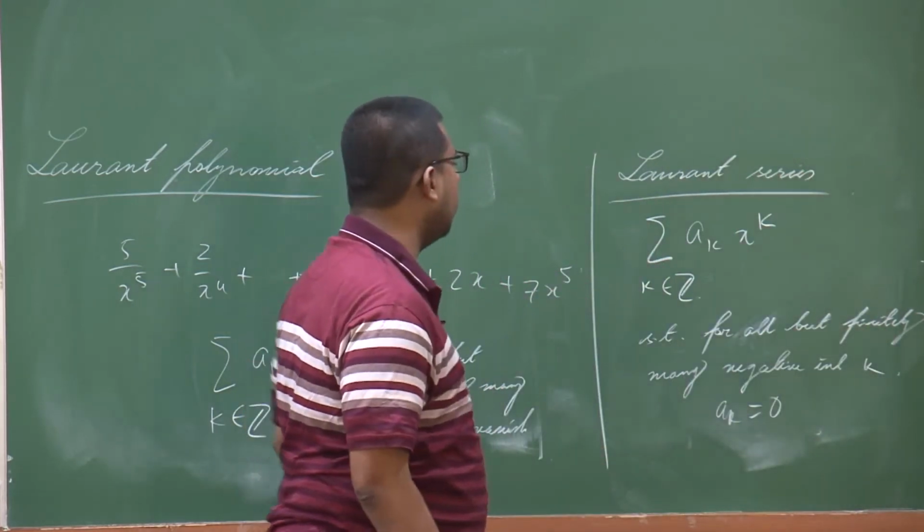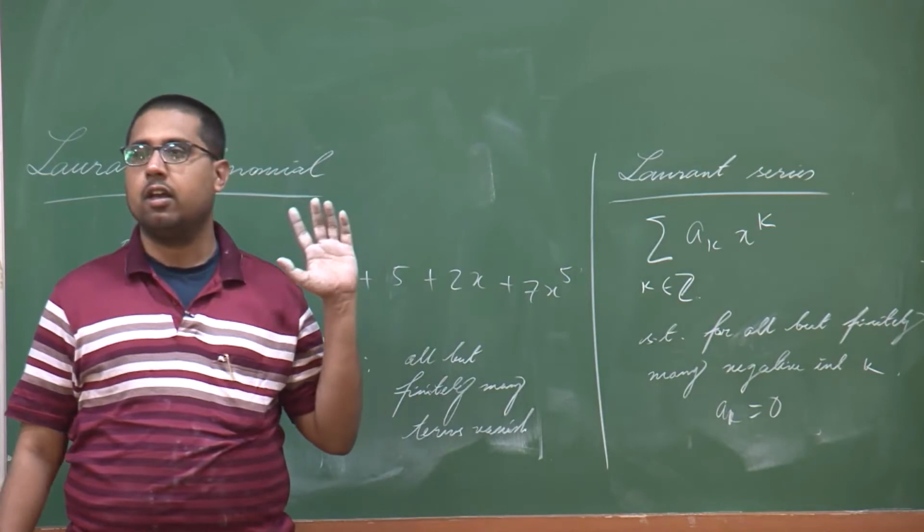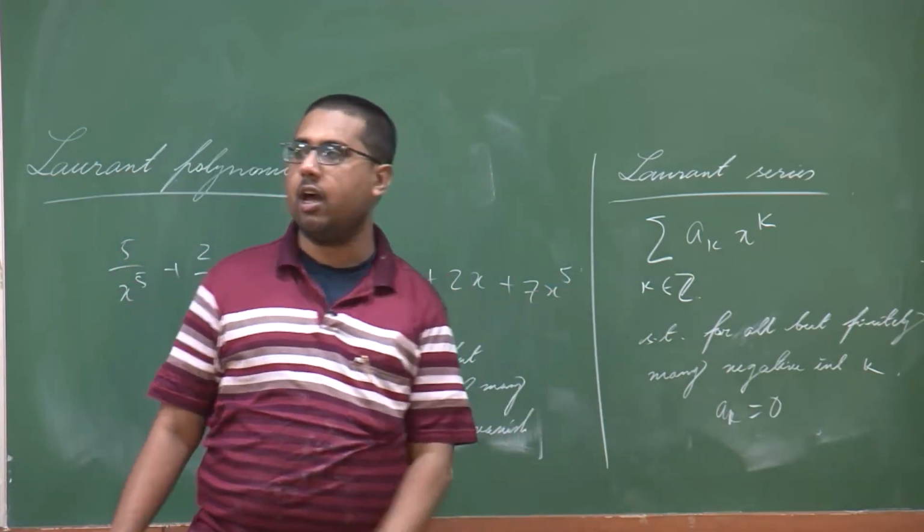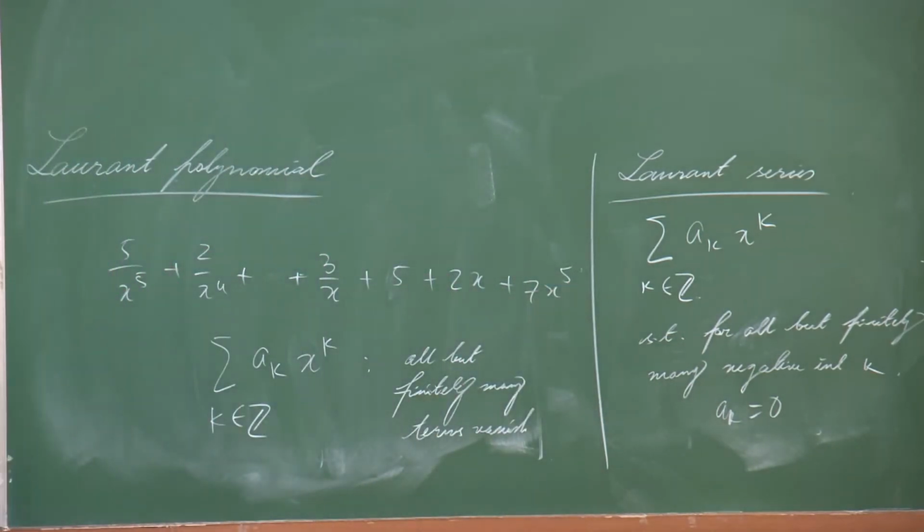So, basically in a Laurent series you are allowed to have only finitely many negative powers of x, but on the positive side we do not have any restriction.